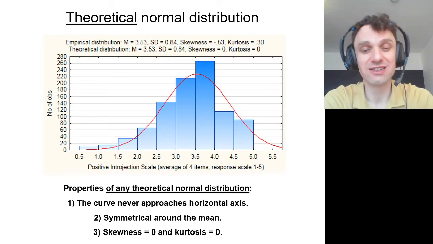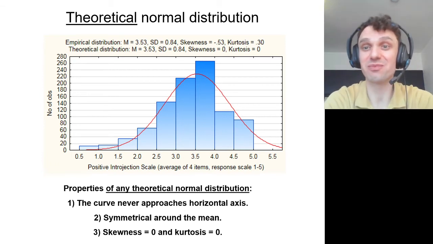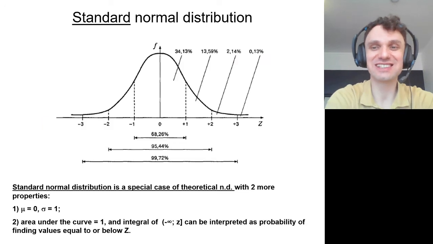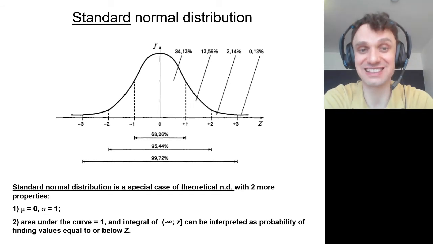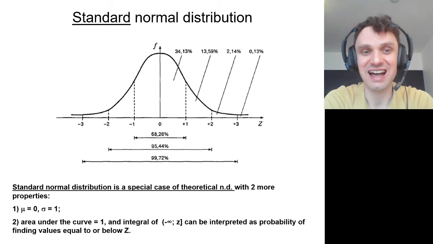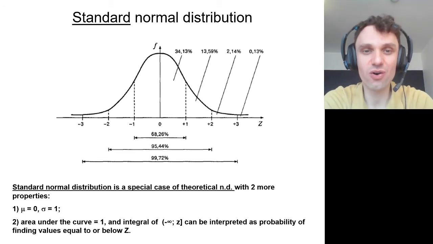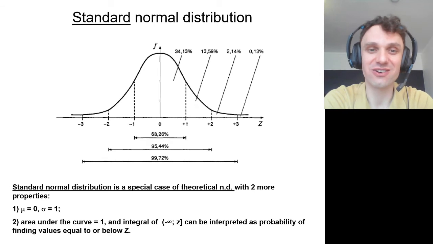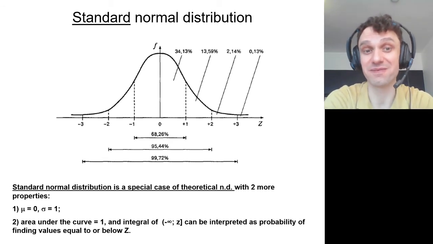And why do we even care so much about this normal distribution? Because this normal distribution has some very interesting properties and some properties that are very useful to us as researchers. No matter what scale you're using, you can always convert your units of measurement to the units of standard normal distribution.